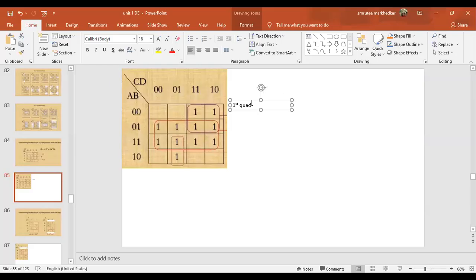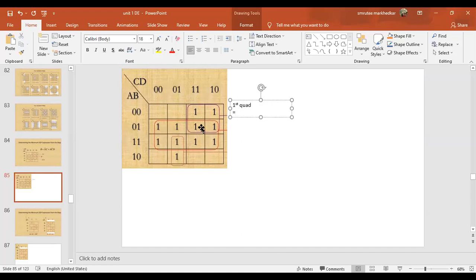So we have got the quad. Now, after getting the quad, how to solve it? Let's see horizontally. If you see horizontally, you are having A bar, B bar here, and A bar, B here.